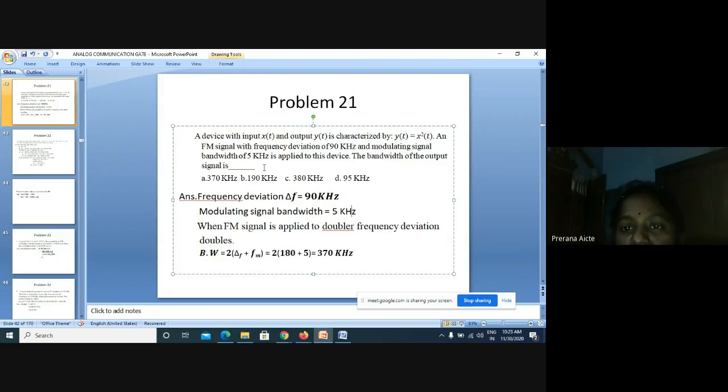We are applying our FM signal to a doubler, so your frequency deviation also doubles. So our bandwidth will be 2 into 180 plus 5, which is equal to 370 kilohertz.